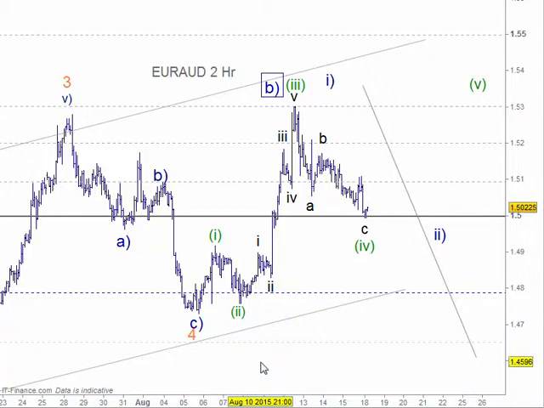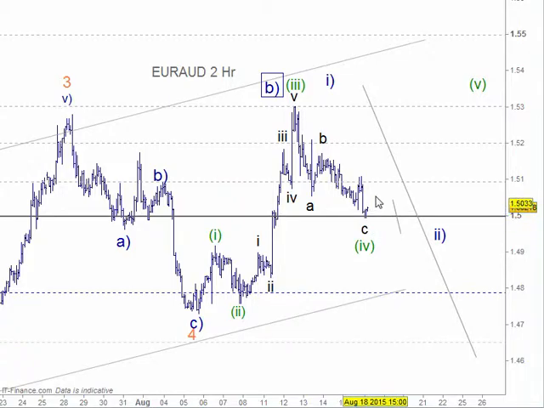But I've counted in a bullish pattern so far, and I'll stay with it as long as the 1.5 is going to stay as the support. But if this moves through here in a reasonable way, and we get a nice closing below here, then we need to look at this being 5 waves down. As it stands at the moment, I've got it as wave 1 and 2 and 3 and 4 here, and an A and a B and a C wave here.